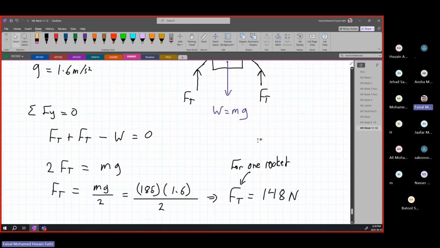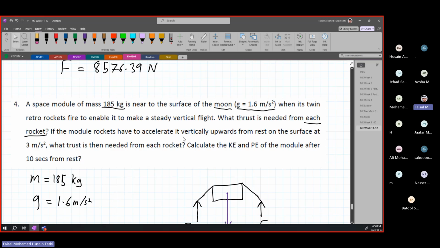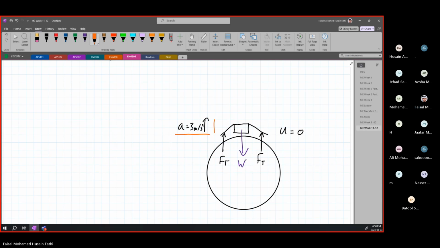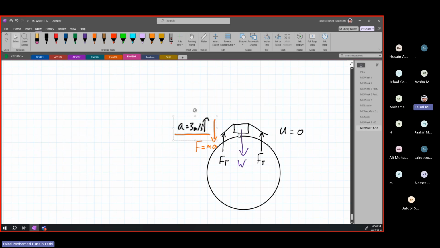The question says that if the model rocket has to accelerate vertically upwards, like I said, from rest on the surface, what is the thrust needed from each rocket? So we have one more thing, because we have acceleration. We are going to have ma in the opposite direction, our inertial force F equals ma, because you have acceleration wanting to go up.